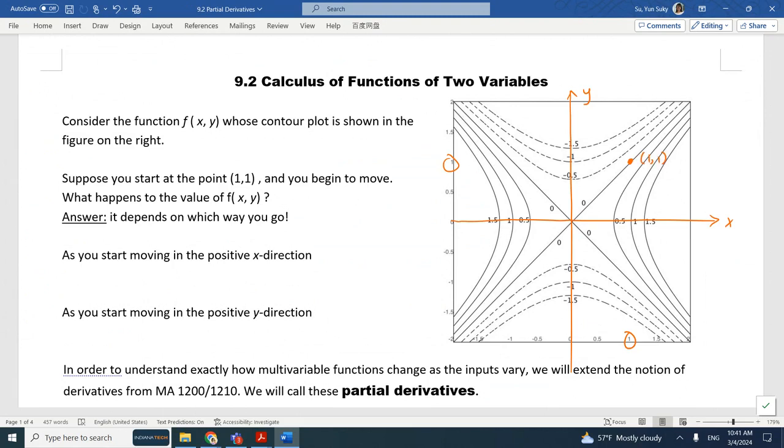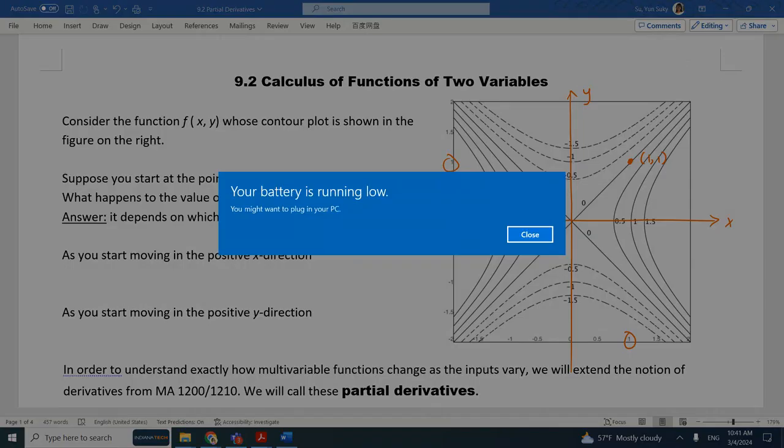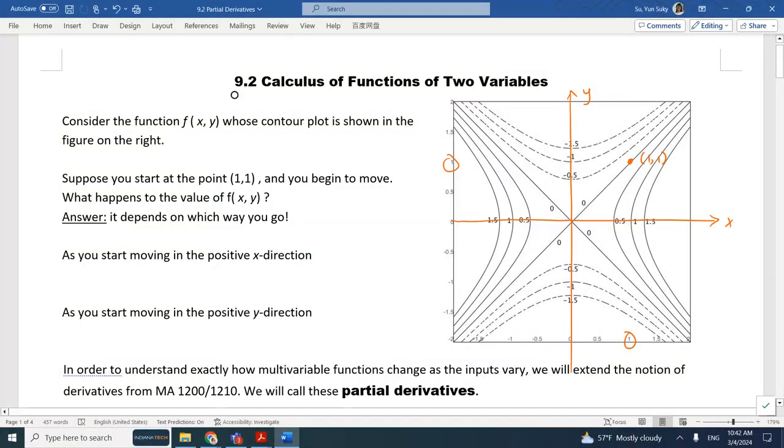Suppose you start at that point and you begin to move. What happens to the values of f? It depends on which way. Okay.